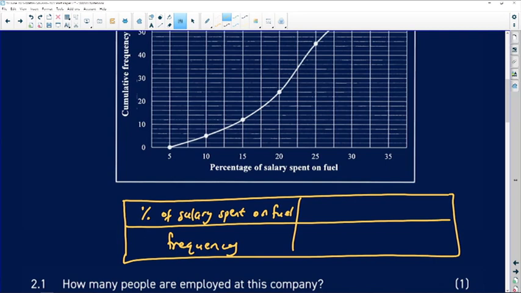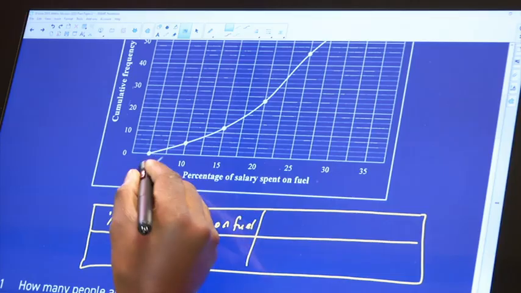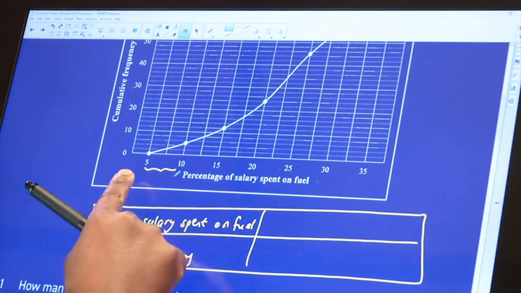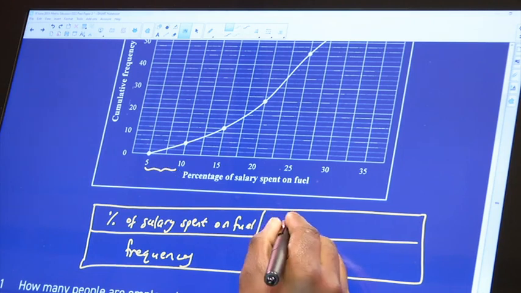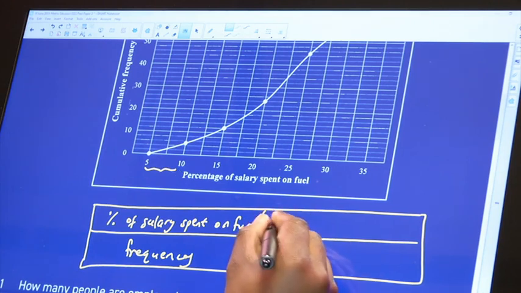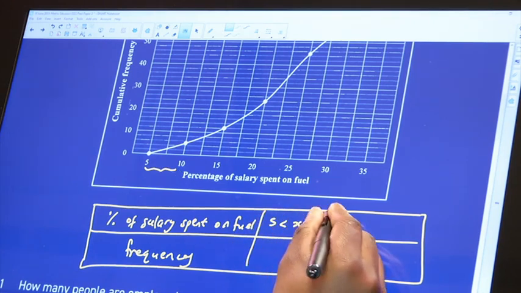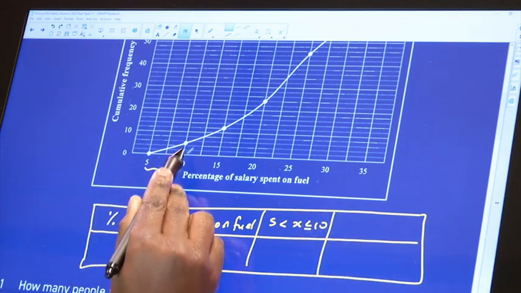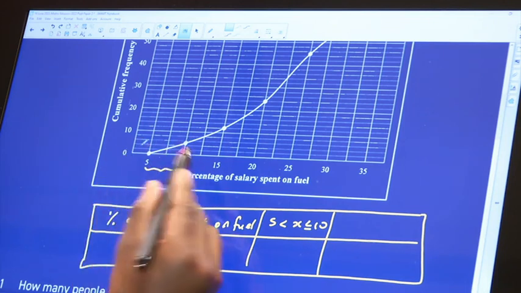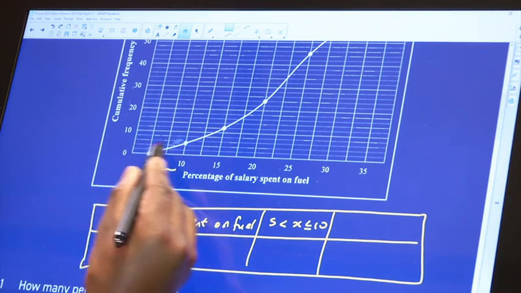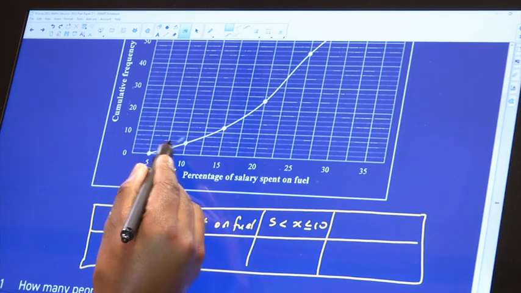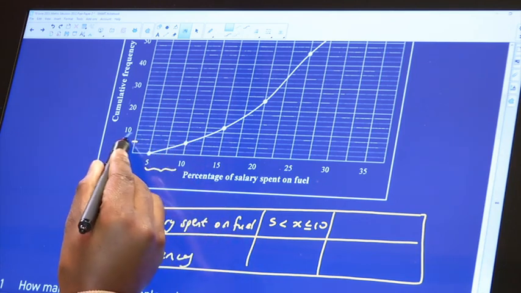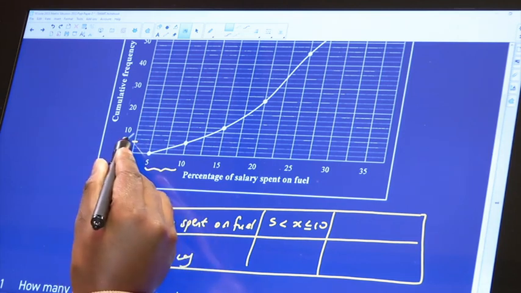Which we can obviously convert to cumulative frequency. Now you will see there on the x-axis, you count the moves from 5 to 10. For this very first class, how many people can we say we have when you're looking at the values between 5 and 10%? So you will see from this dot to that dot, the value at 10. The number of people that I'm reading here, at 10, the corresponding y value is around, let's see, 2, 4, 6, around 5.